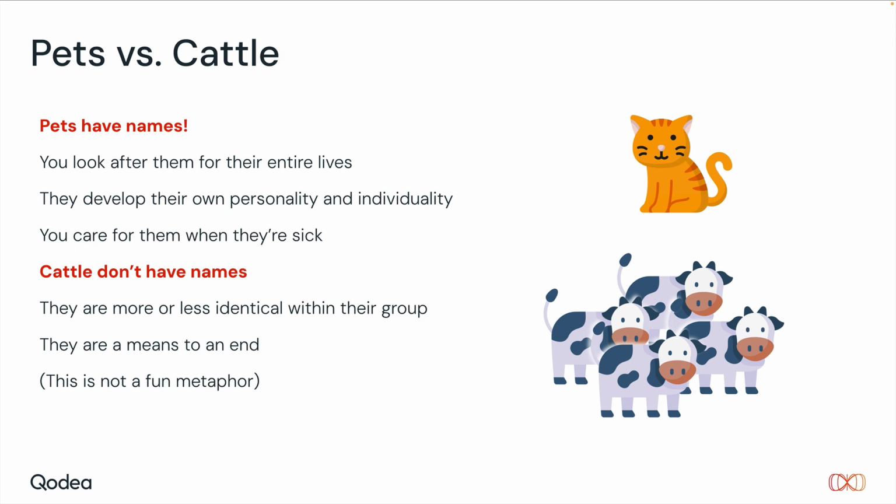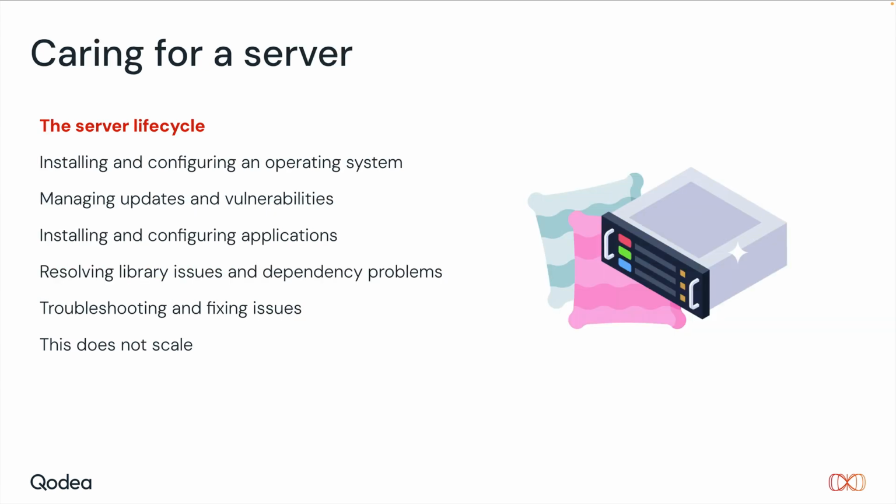By comparison, cattle don't have names. They're just a large group of animals, and they are more or less identical within that group. Essentially, they're a means to an end, which is one of the reasons I'm not a huge fan of this analogy. So let's quickly apply this to computers and IT. In the same way that we do want to care for a pet, we don't want to care for a server.